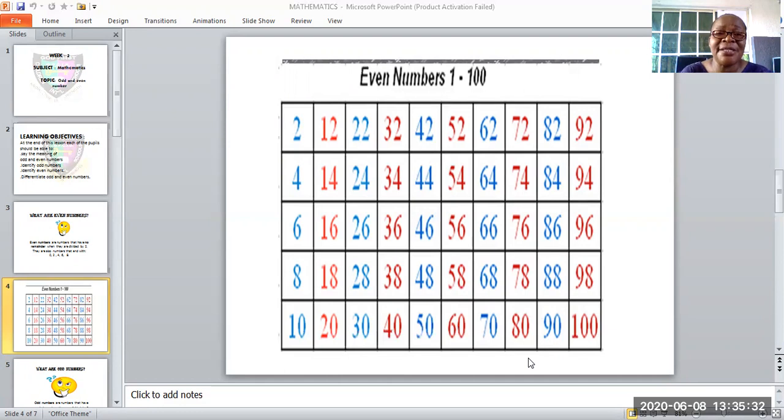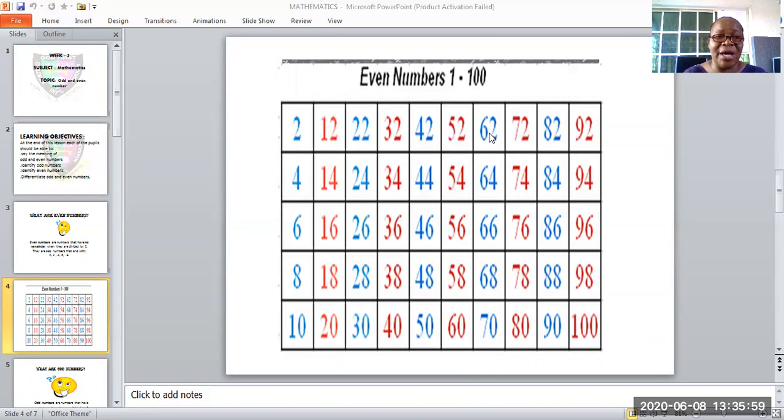Remember, even numbers are numbers that, when divided by 2, have no remainder. When you have 12, 22, 32, 42, 52, 62, and 72, these have no remainder when divided by 2.